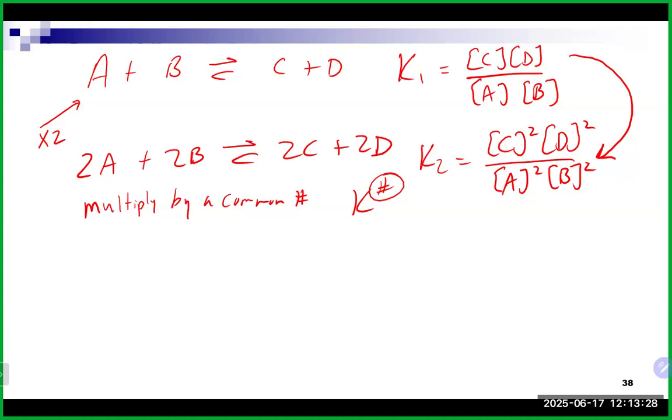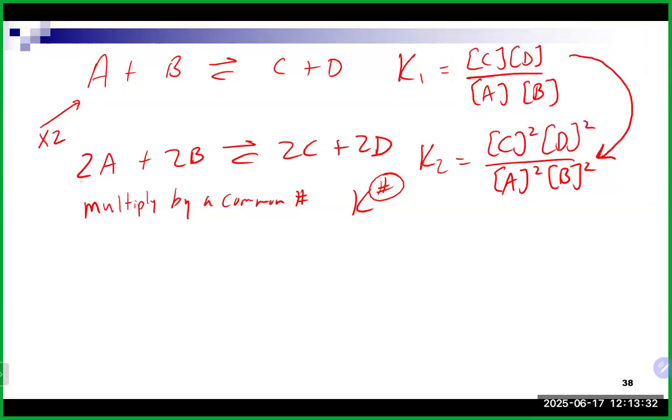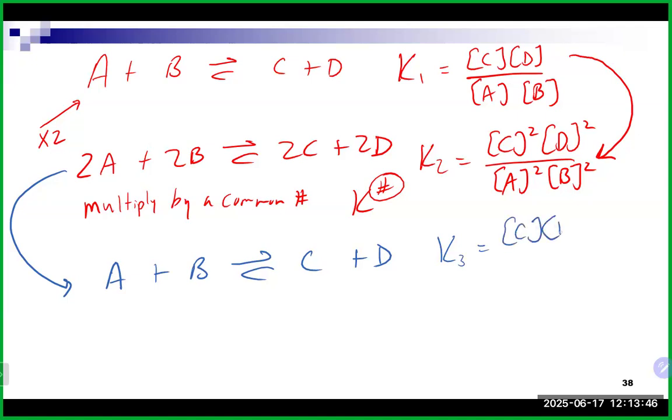Obviously, the last sort of adjustment that you can make is if, let's just say we actually started with this guy and we wanted to get to this guy, which is kind of like our original equation. And if we do that again, I'll call it 3. We will end up with C and D divided by A and B. So as we go from here back to here, I basically divided by 2 all the way across.